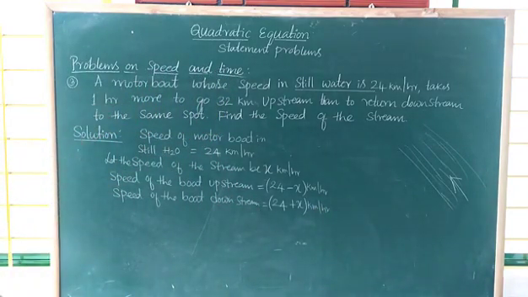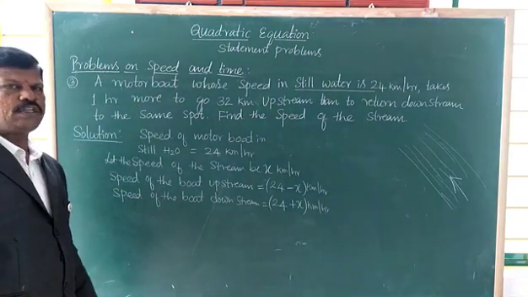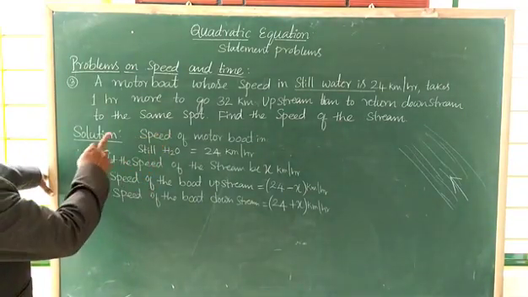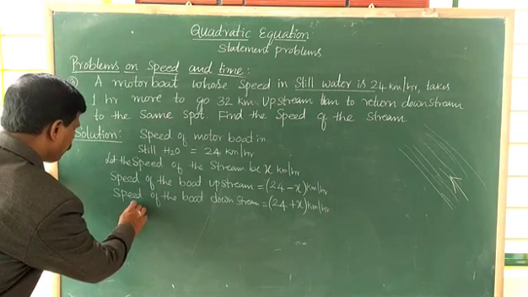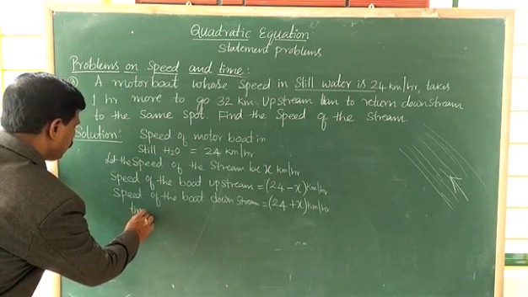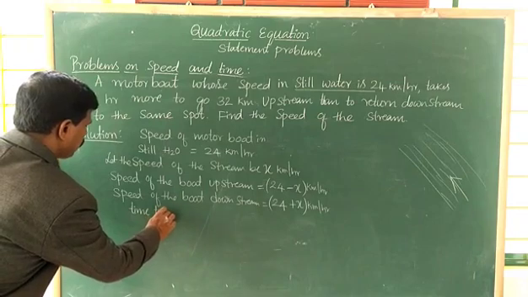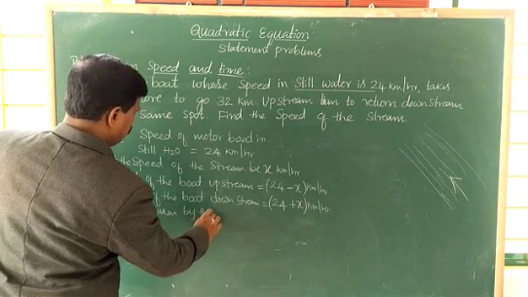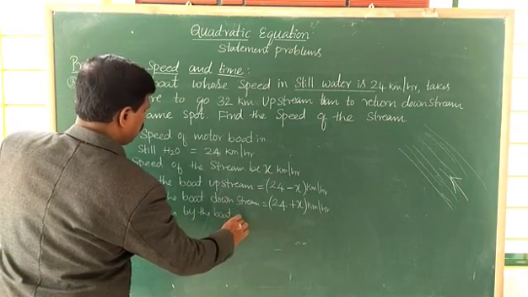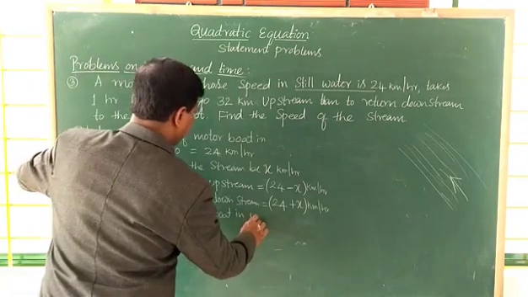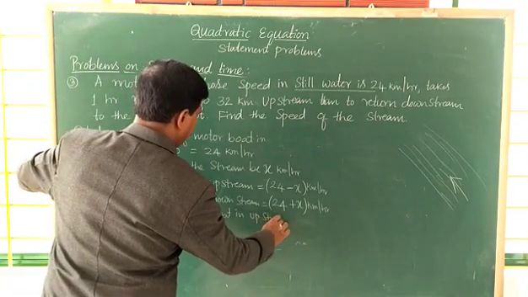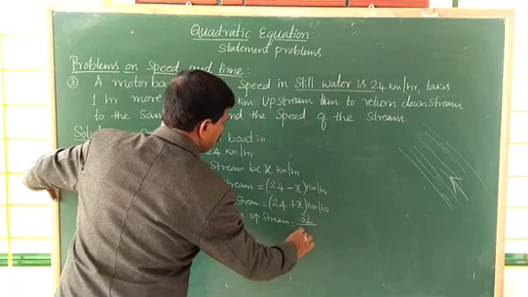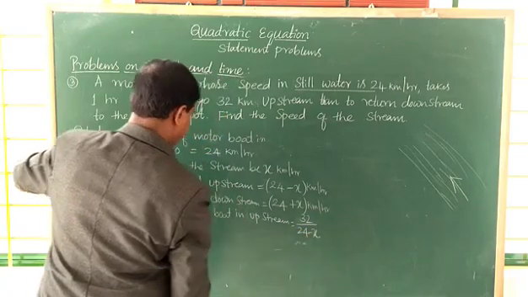Now the distance is 32 km. So time taken, is it right? Time taken by the boat in upstream equals 32 by 24 minus x.